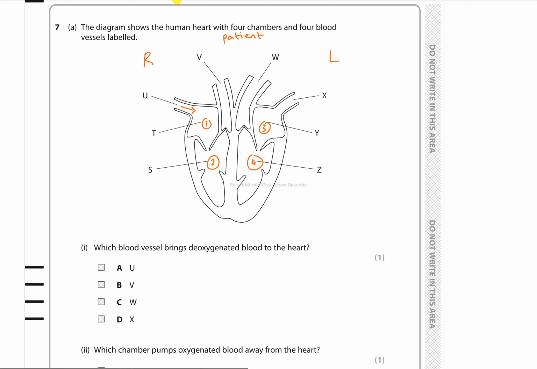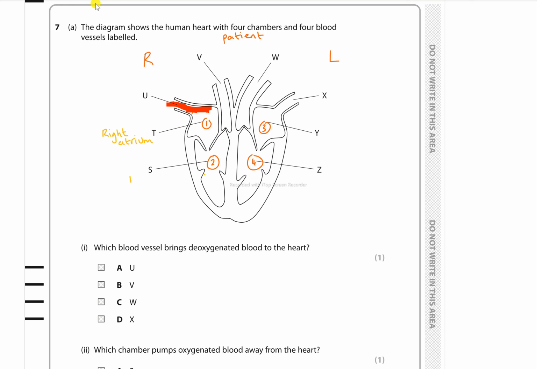Blood comes in here, this is the right atrium.